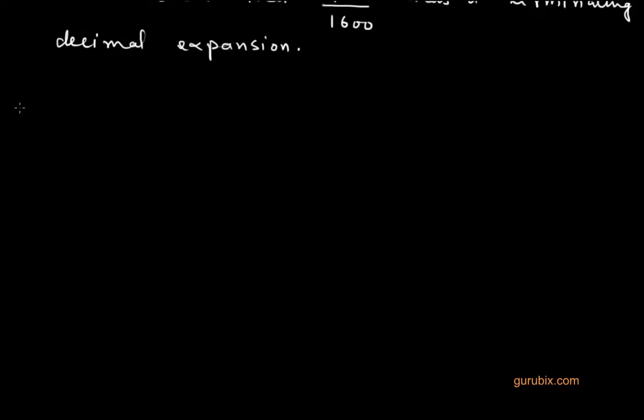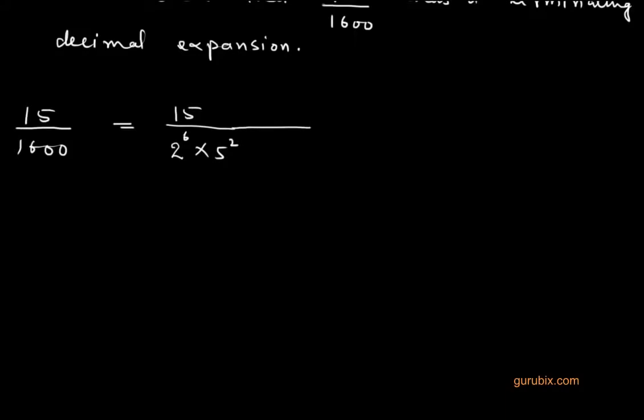Now we shall move to the second part of the question, which says to find the decimal expansion of a terminating decimal expansion. So now we shall convert this 15 over 1600 into its decimal expansion, and we have already factorized this 1600 into the form of 2 to the power 6 multiplied by 5 to the power 2.